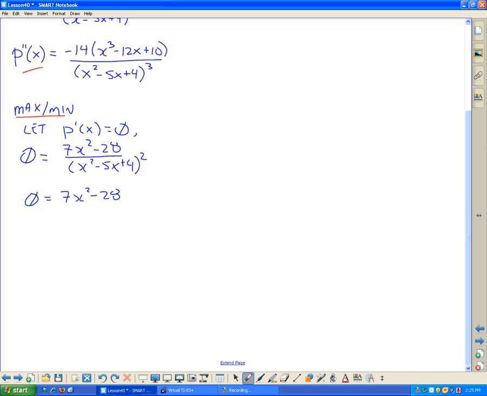7x squared minus 28. Solving, 28 equals 7x squared, 4 equals x squared. So x is going to equal plus or minus 2. So if we plug that back into the original function, we'll find out that we have a max min, and we don't know yet which, at our two coordinates, 2 and negative 2.